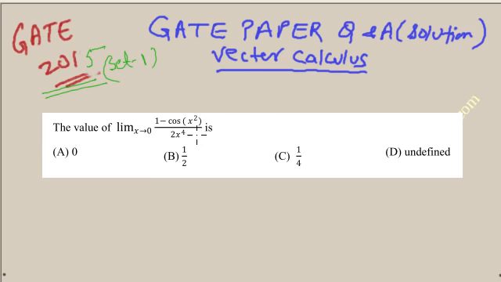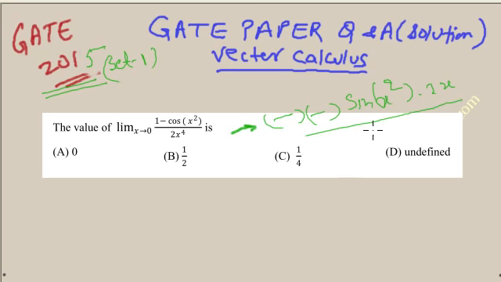If you are required to find the limit value using L'Hospital's rule, you just differentiate the numerator and the denominator. If you differentiate, you will get minus minus sin x square into 2x divided by 8x cube, the differentiation of the denominator.